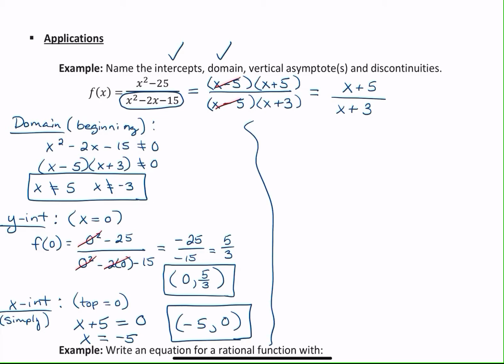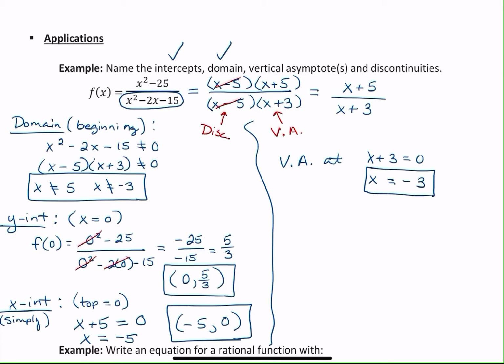Now let's talk about the vertical asymptotes and the discontinuities. Remember from the previous section, if you have a factor that cancels out, that's going to be a discontinuity. The one that doesn't cancel out is going to be a vertical asymptote. So here we're going to have a vertical asymptote at x plus 3 equals 0, which would be at x equals negative 3.